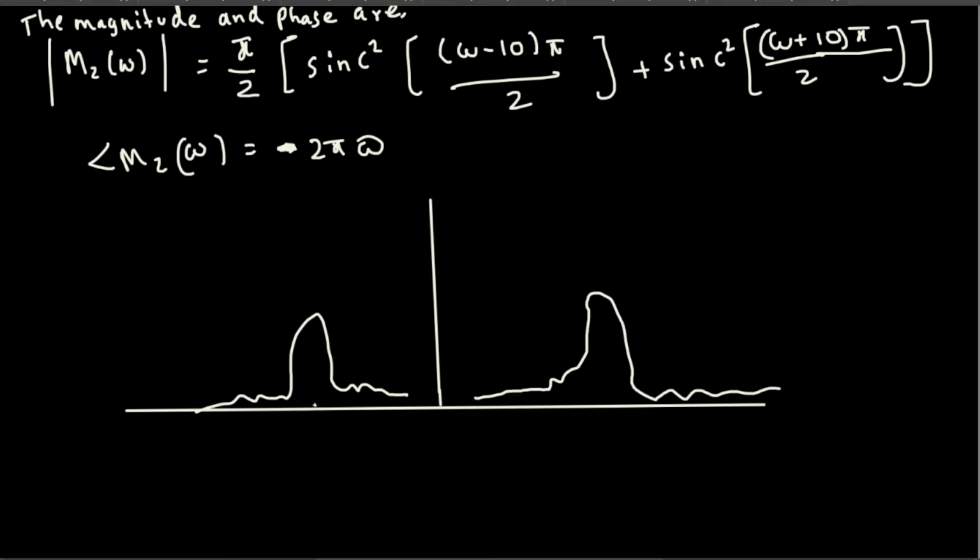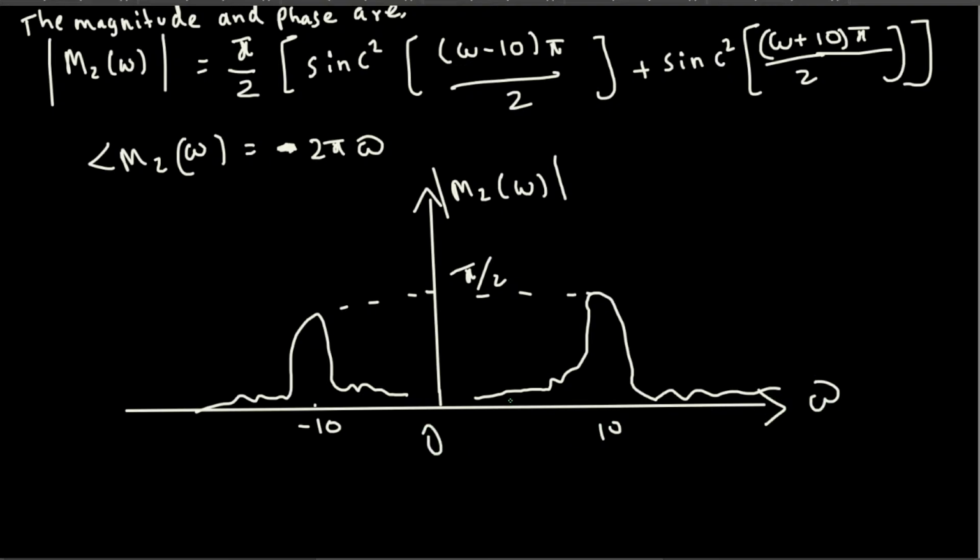This is minus 10, and this one is plus 10, and the height is 5 by 2. This axis is the m2 of omega magnitude, and this one is omega, and this is 0.